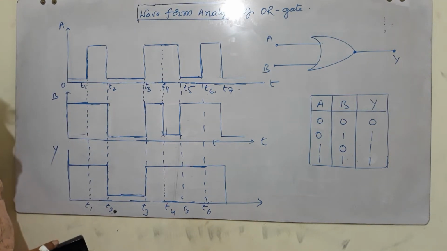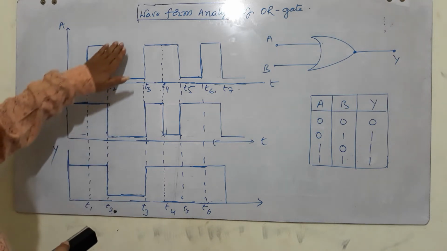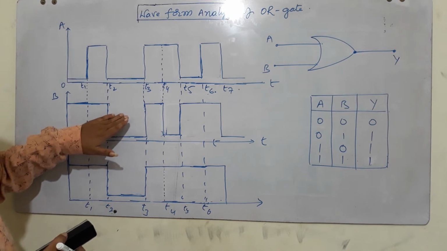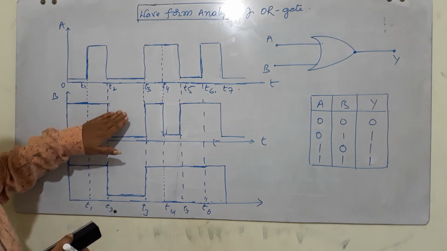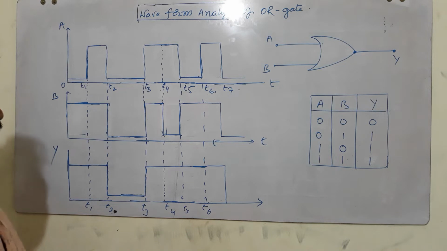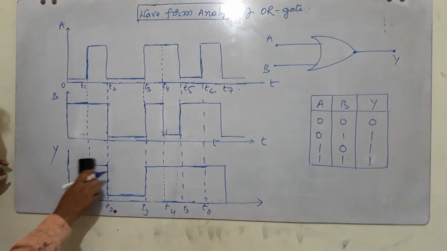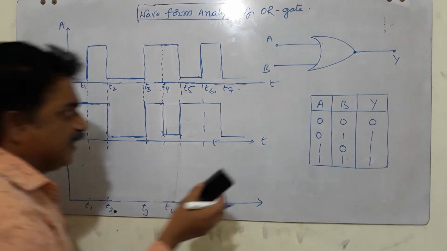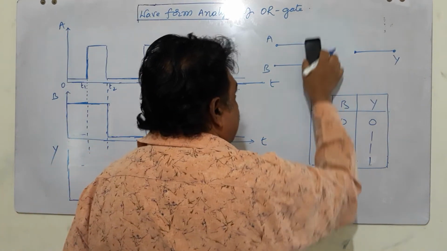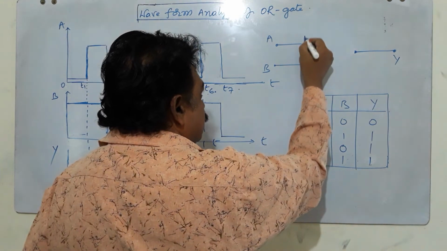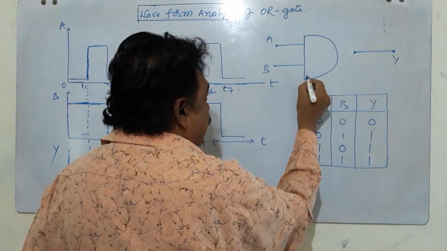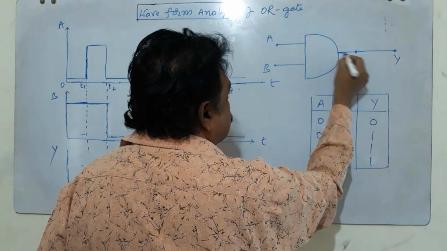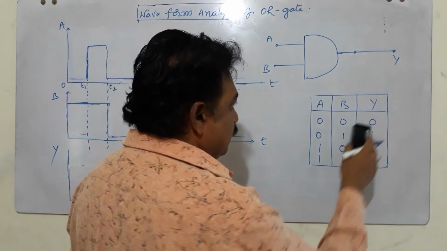Now, I am going to do the waveform analysis for the AND gate. The same situation is implemented for the AND gate. Both the inputs are the same, but I am connecting these inputs to the AND gate, just like this.